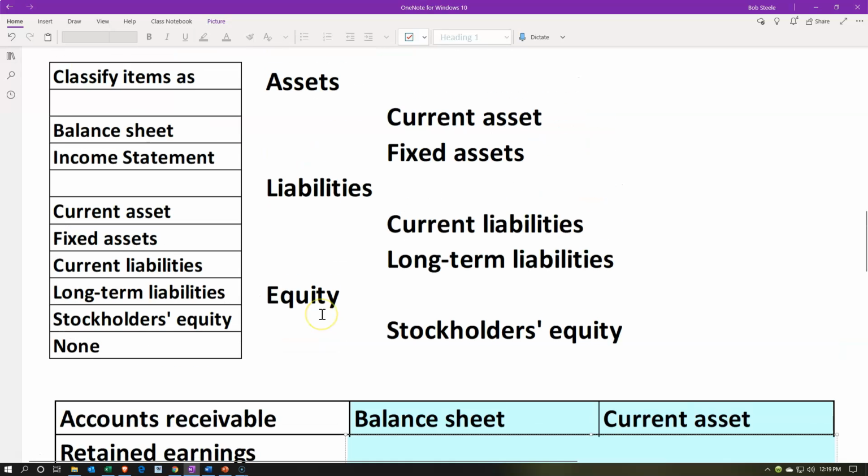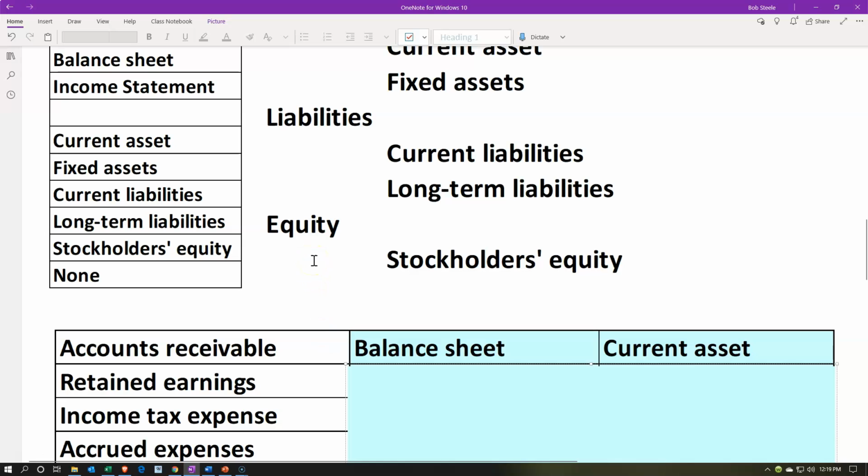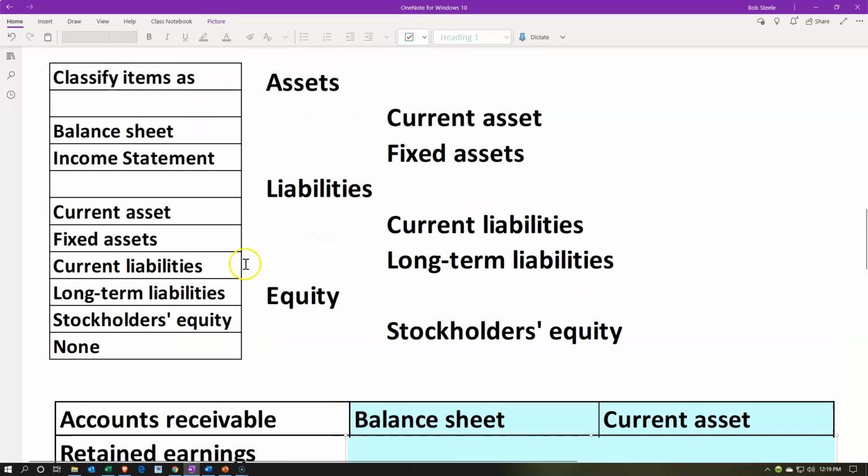Retained earnings, where's retained earnings? Asset, liability, equity, or is it income statement, revenue, or expense account? Retained earnings is typically going to be on the balance sheet. It's going to be an equity type of account. It's going to be within the equity section. Recall that the equity section represents the owner's claim to liabilities and to the assets. Owner's claim to the assets.